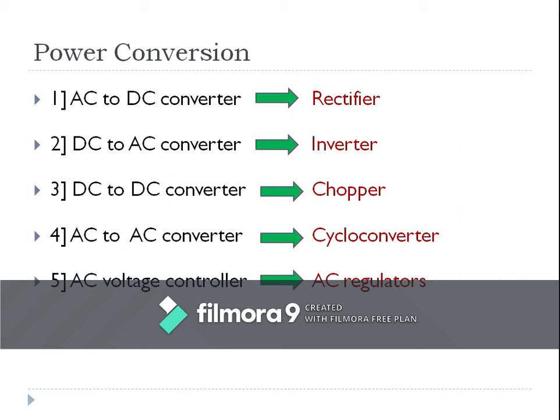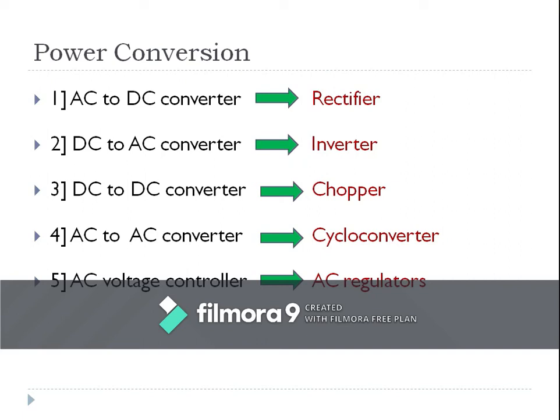We'll see the next topic, power conversion. There are 5 different types of conversion. Number 1, according to the supply, AC to DC conversion. That device is called a rectifier. The second one is the conversion of DC supply to AC, so that converter is called an inverter. The third conversion method is DC to DC, so the device is a chopper.